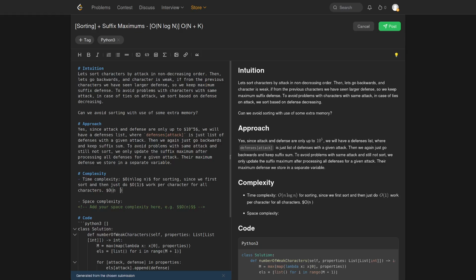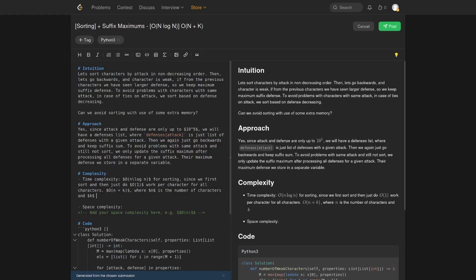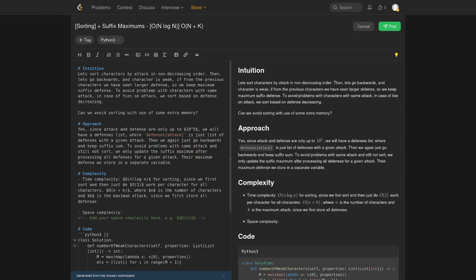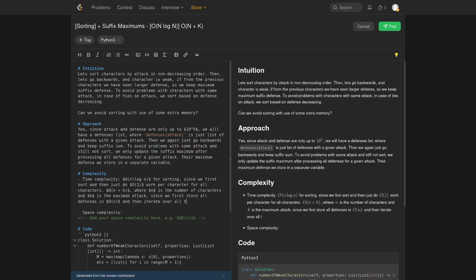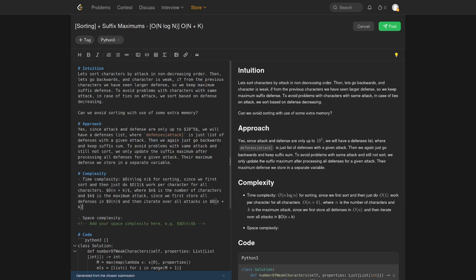The no-sort approach is O(n plus k), where n is the number of characters and k is the maximum attack, since we first store all defenses in O(n) and then iterate over all attacks.